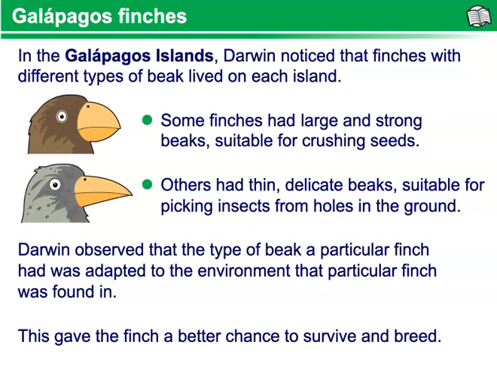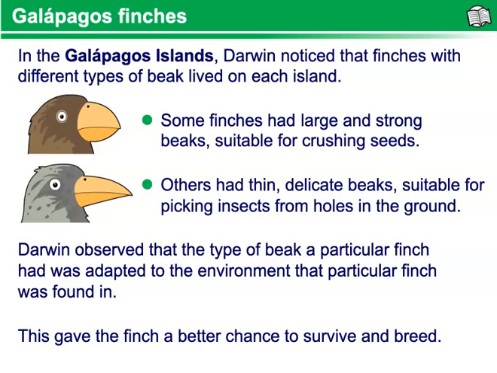While on his voyage on the HMS Beagle, he spent a substantial amount of time in the Galápagos Islands. And in the Galápagos Islands, he noticed that finches with different types of beaks lived on each island. Some finches had large and strong beaks, suitable for crushing seeds.